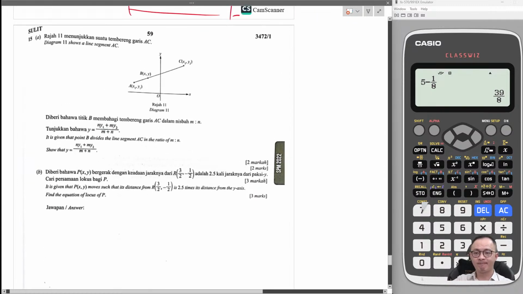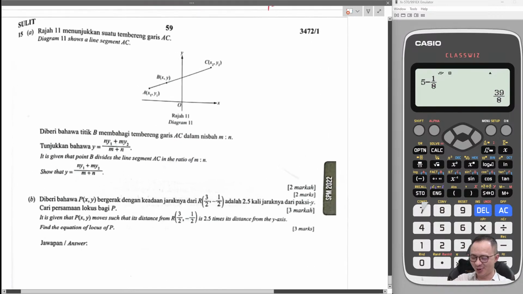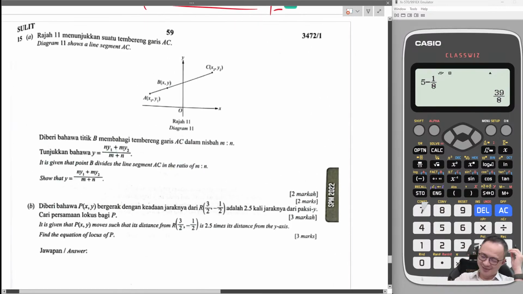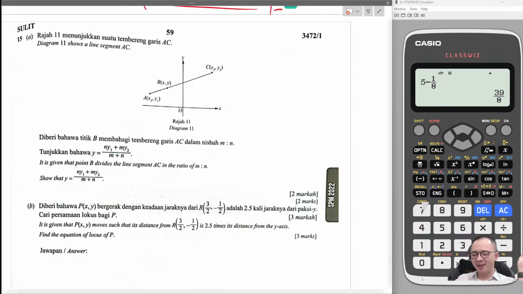Question 5. What? So many show-that questions. SPM is getting crazy. It's given that B divides the line segment AC. Aiyo, only 2 marks for this one.